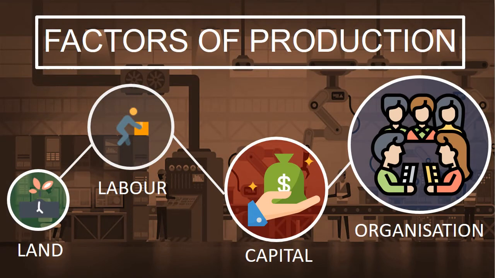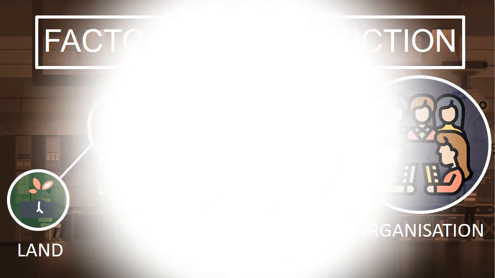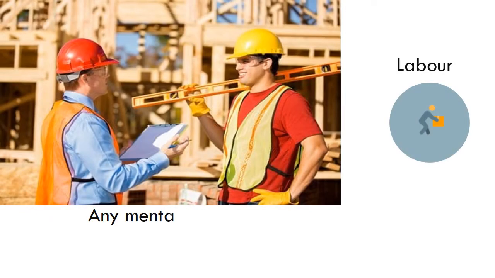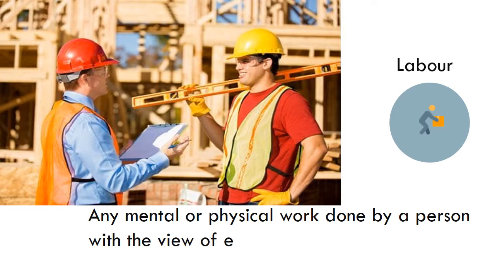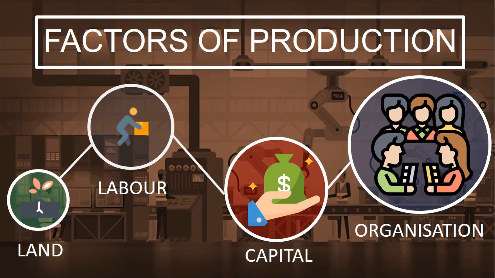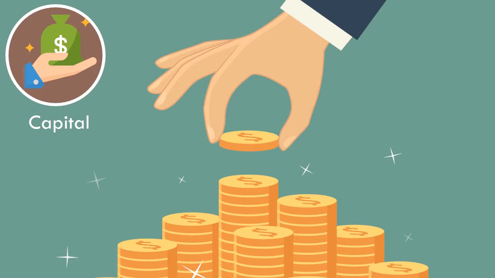And the second important factor of production, labor. Any mental or physical work done by a person with the view of earning an income is called a labor. The third factor, capital.